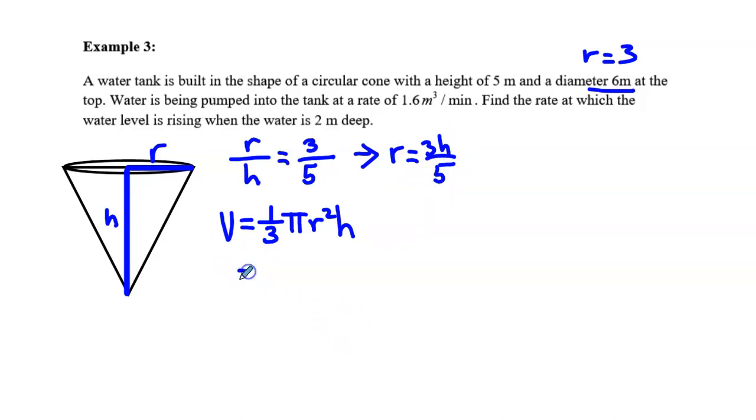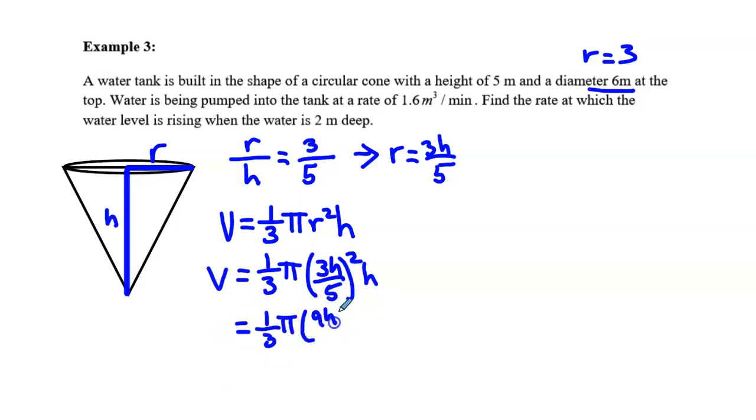With that, I can now substitute for r into this volume formula. So now I end up with an expression that expresses volume only in terms of height. I've got 1/3 pi times 9h squared over 25 times another h.